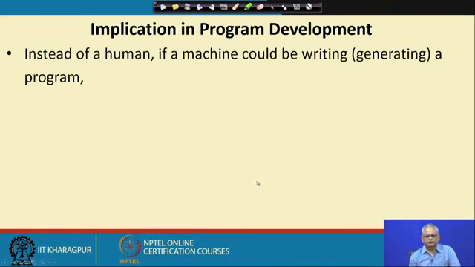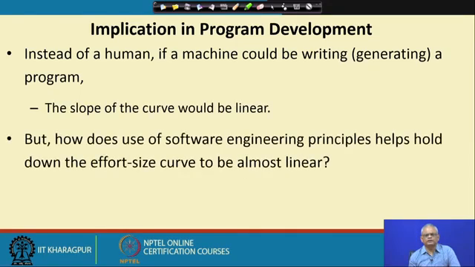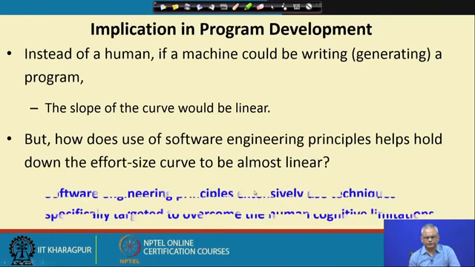Actually, before we answer that question, I would like to mention that for machines there is no such problem as short term memory. Of course, they have RAM and so on, but the restrictions are not so severe. So, if a machine were to write the code, the slope would be almost linear.